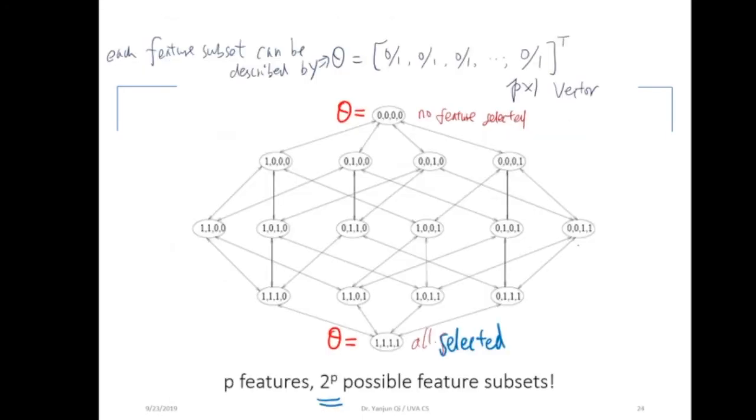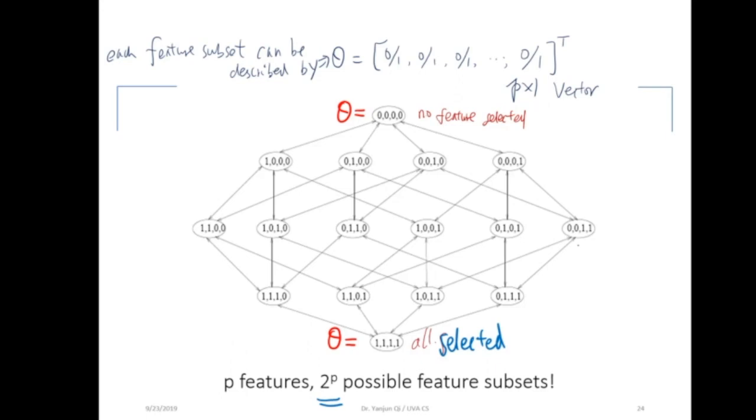So you can plot all the search through this DAG structure, a directed acyclic graph. This includes all the 2 to the p, and it's a path from 0, 0, 0 to 1, 1, 1. 0, 0, 0 means no feature is selected. 1, 1, 1 means all the features are selected.